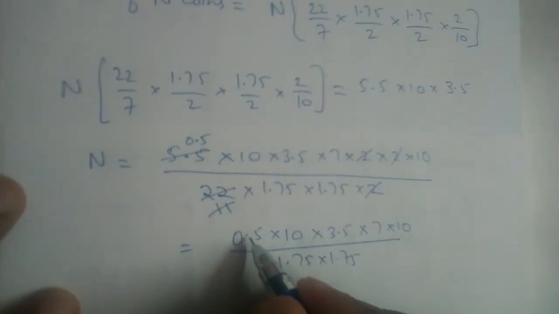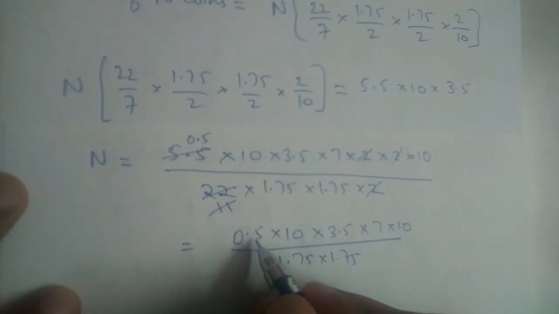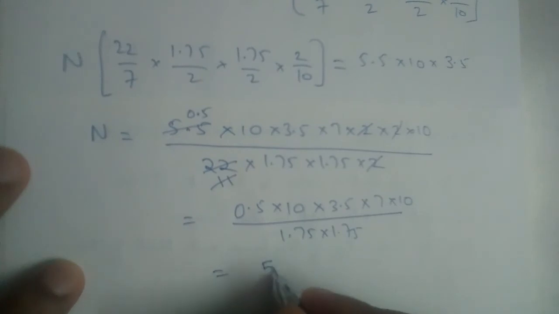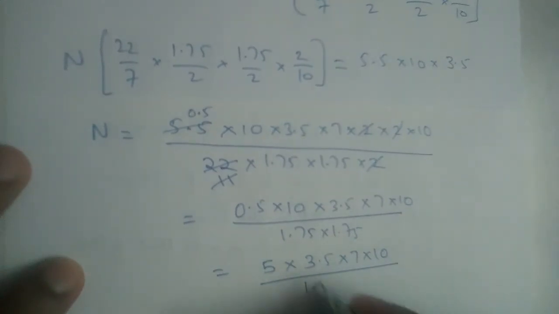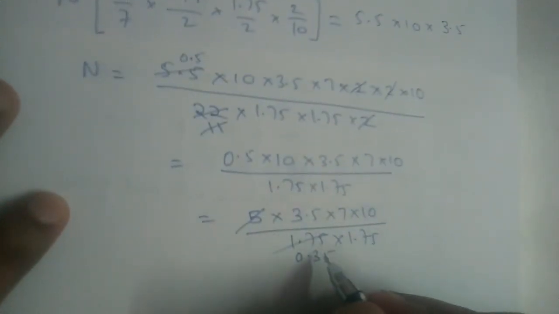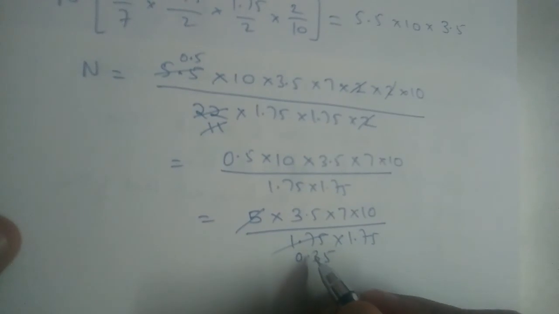Now this 0.5 into 10 will give us 5, right? So this is 5, 7 into 10 divided by 1.75, 1.75. So 5 will go in 1.75, 0.35 times because 5 35 is 175.